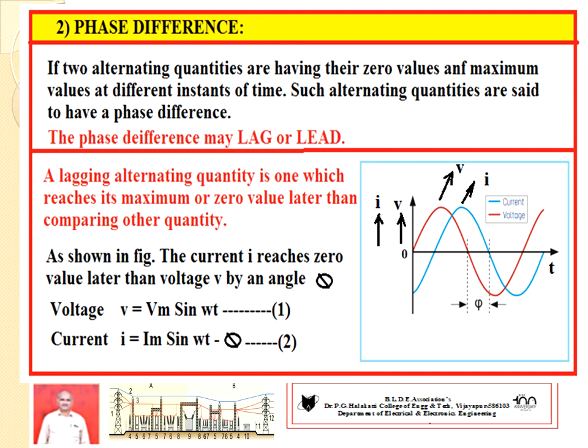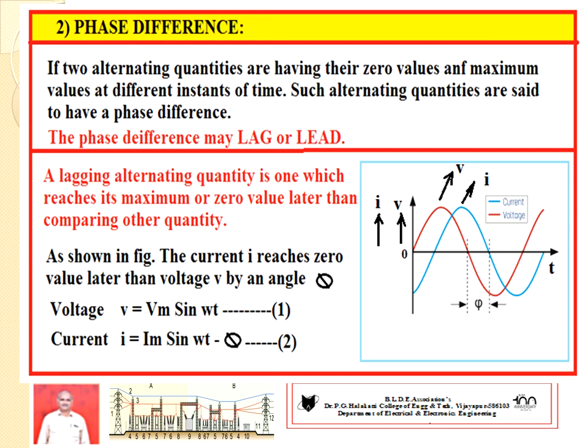Let us consider two waveforms, alternating voltage and alternating current. Let voltage start from 0 and complete one cycle, 0 to 360 degrees. This voltage is taken as reference. Hence, V equal to Vm sin omega t. It is reference. Now, similarly, you observe the current waveform.